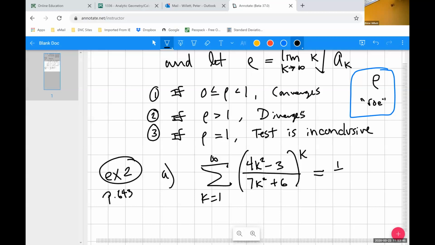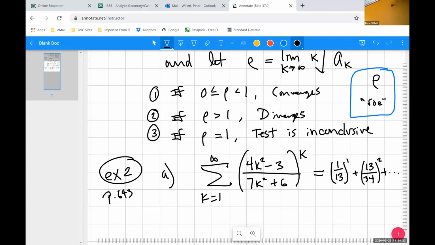So that would be 1/13. It's going to get worse pretty quickly. If k is 2, then on the top I have 2 squared is 4, times 4 is 16, minus 3 is 13. And on the bottom, I have 4 times 7, which is 28, plus 6 is 34. And that would be squared, and so on.